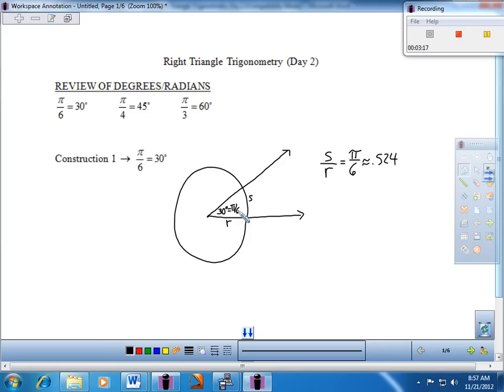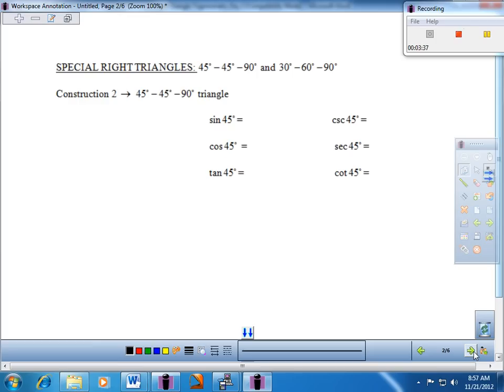I was going to have you do that piece, but I think we can move forward with it, as long as you understand how that radian measurement is formed and how it relates to its corresponding degree equivalent. Okay, well, let's go ahead and take a look at the two special right triangles that we're going to see.